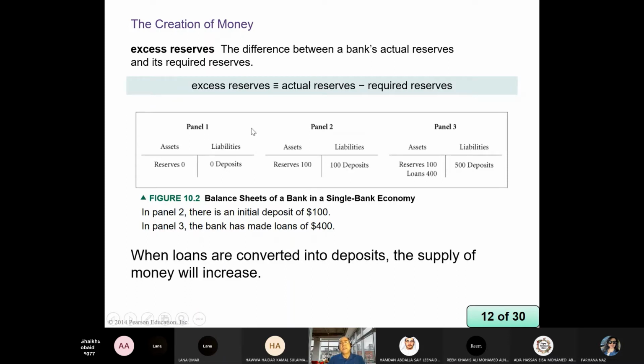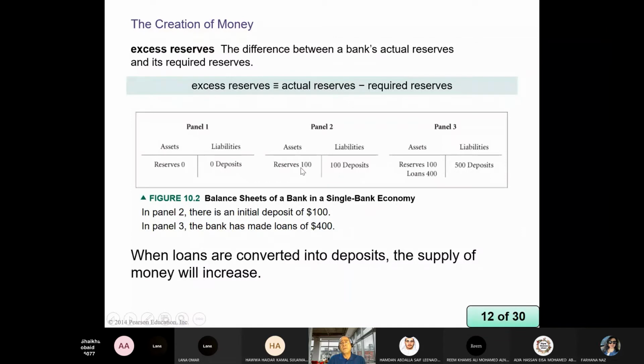See here, this is a summary. We started with 0, and then Salim deposits 100 dirham in this commercial bank. So immediately the bank puts this 100 in its wallet, or the bank deposits the money at the central bank, which is called reserve.